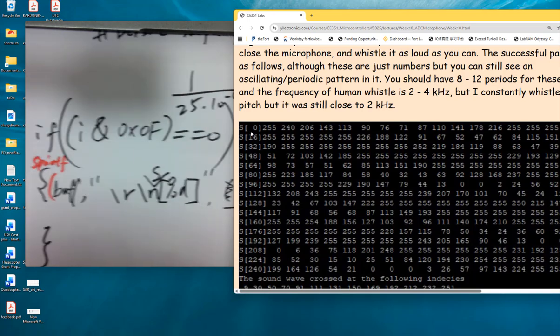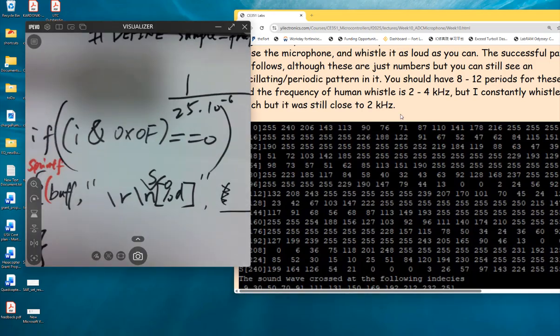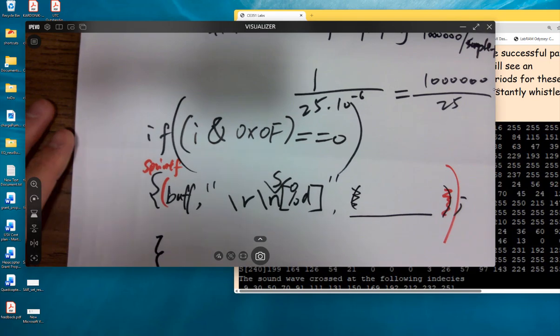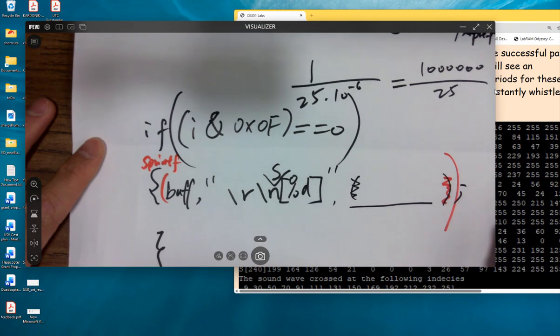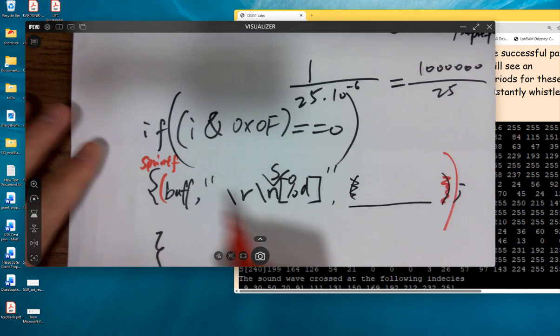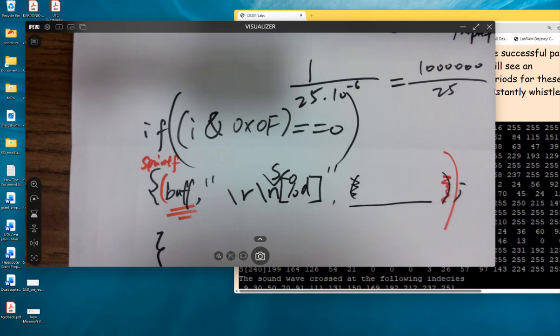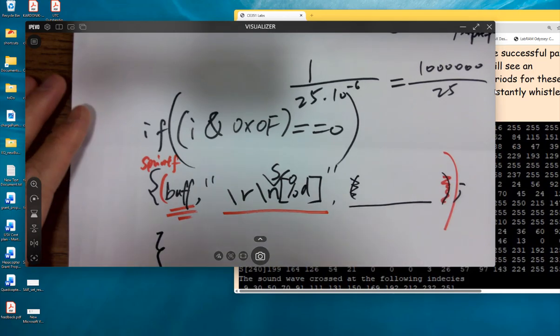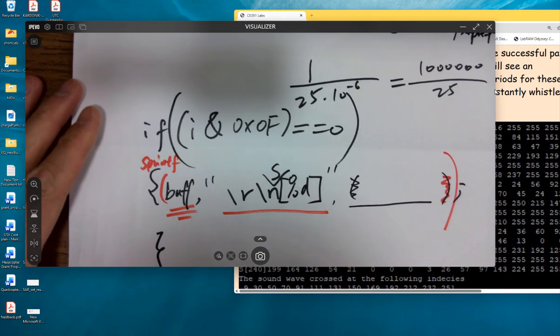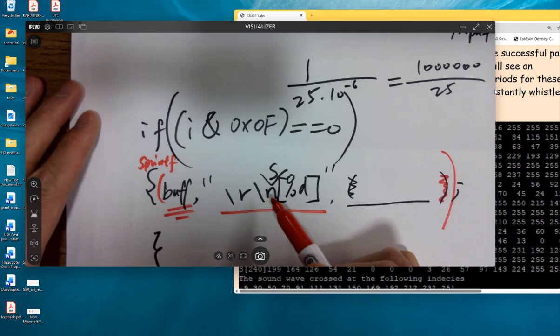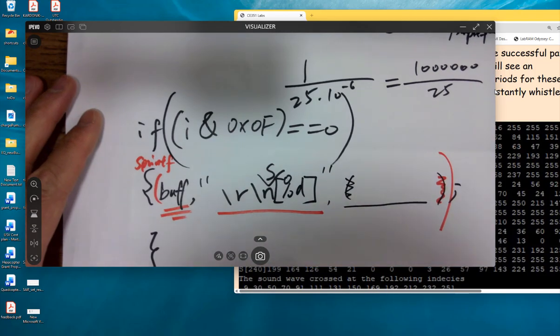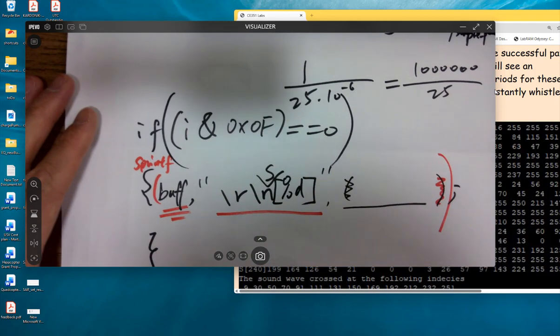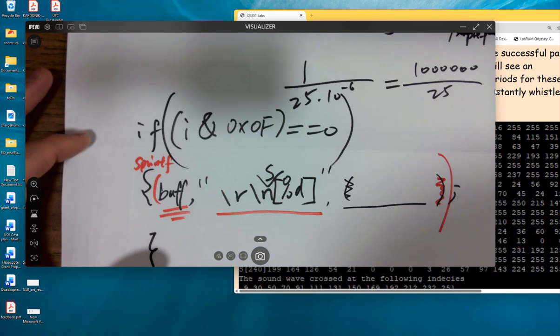So what variable should be plugged in here if I want to print it in this way? It's being printed in the buffer first, with a certain format, and this is your format. And that variable should be printed over here. Because this question is different from the one of the tutorial, right?